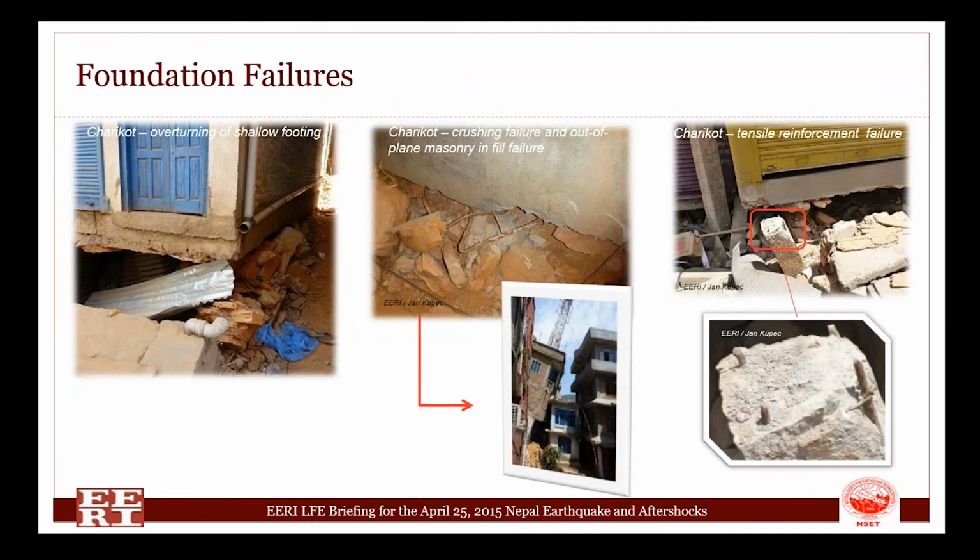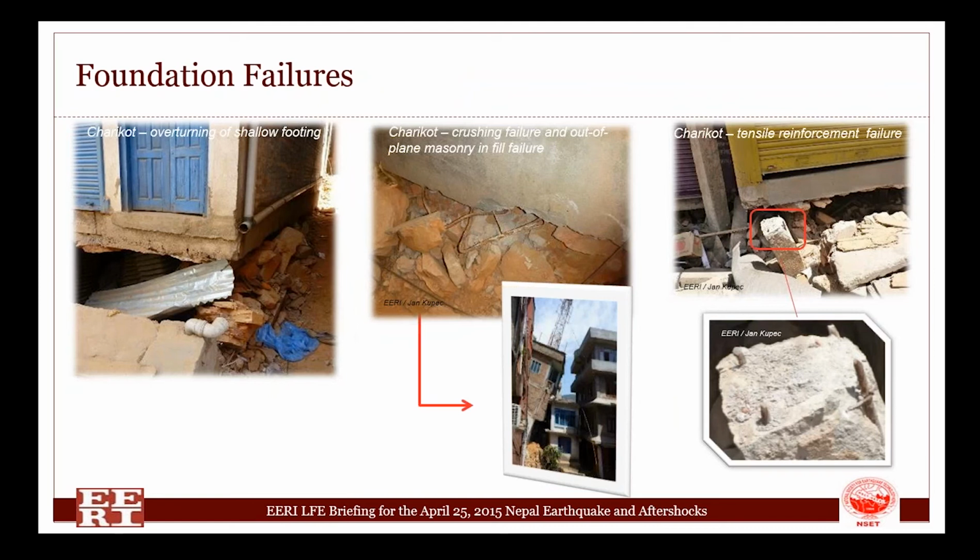More on foundation failures, we're looking at shallow foundations overturning, as shown on the left-hand side. But we also looked at crushing failures where the concrete lacked reinforcement and quality and crushed itself, and the out-of-plane failure of the stone reinforcement.